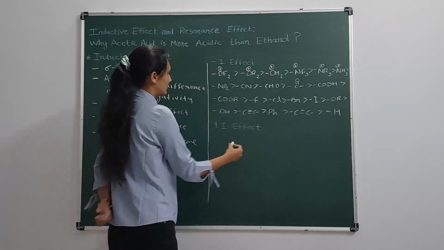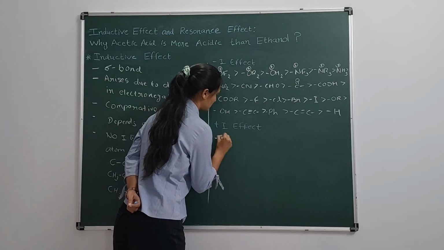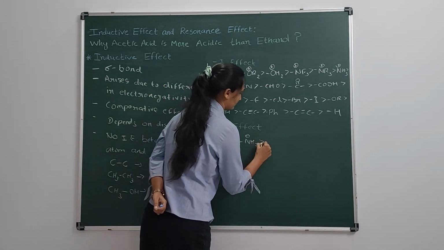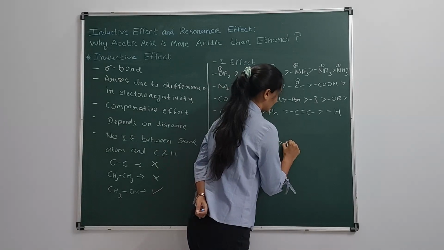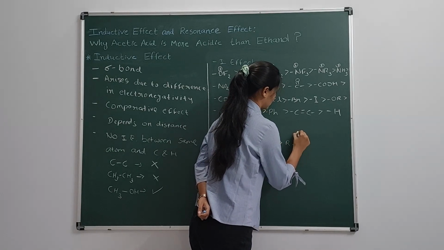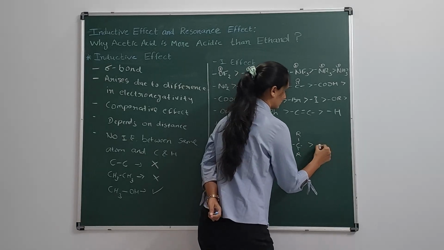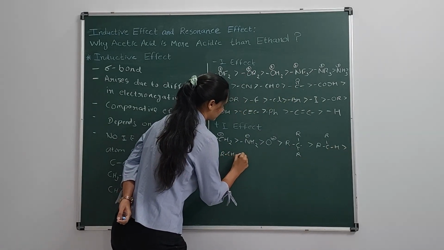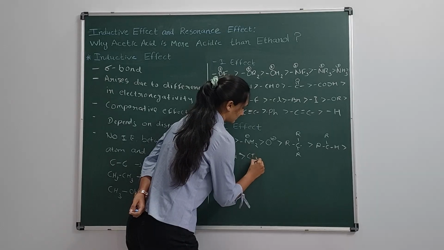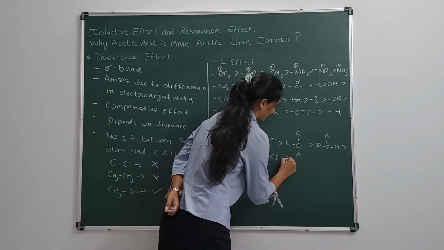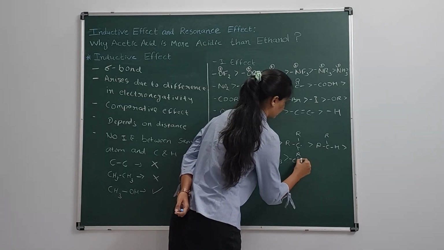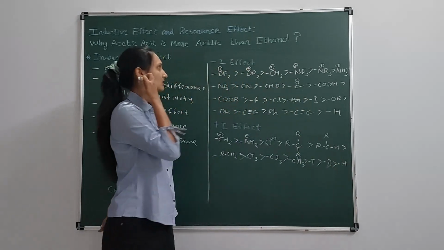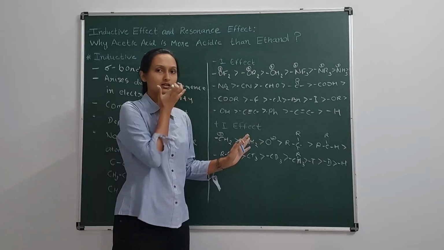The order of plus I effect is CH2-, NH2-, O-, tertiary carbon, secondary carbon, primary carbon, CH3, helium, deuterium, and hydrogen. So these are the orders of minus I effect and plus I effect.